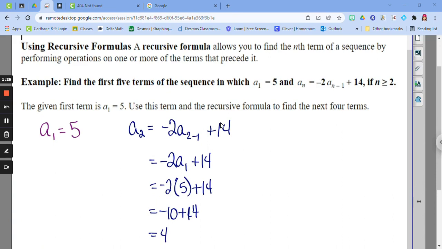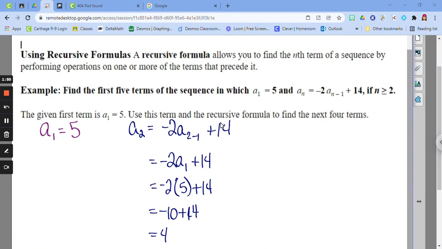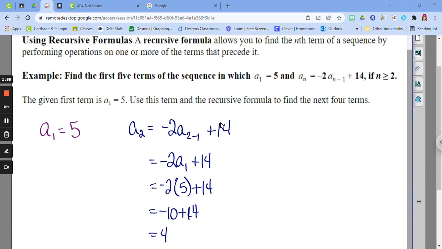Again, not necessarily when they give you something in recursive form like this that it's going to be an arithmetic sequence. So if we want the third term, that means we're going to take -2, multiply it by the previous term, and add 14. So we want the third term: -2 times a sub 3 minus 1.